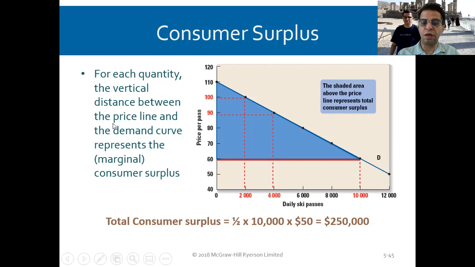Let's assume you're willing to pay $90 for 4,000 units, and you went to the store and the price in the market is lower. You still get a surplus, this blue shaded area, because you were willing to pay more than the price you actually paid in the market. All this area is called consumer surplus.